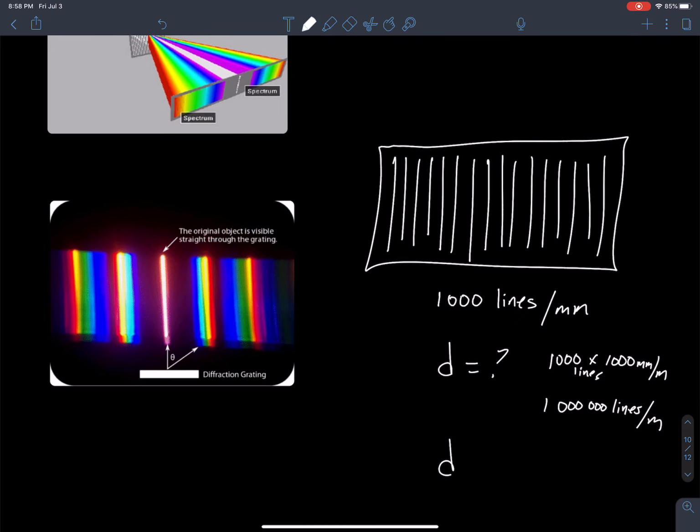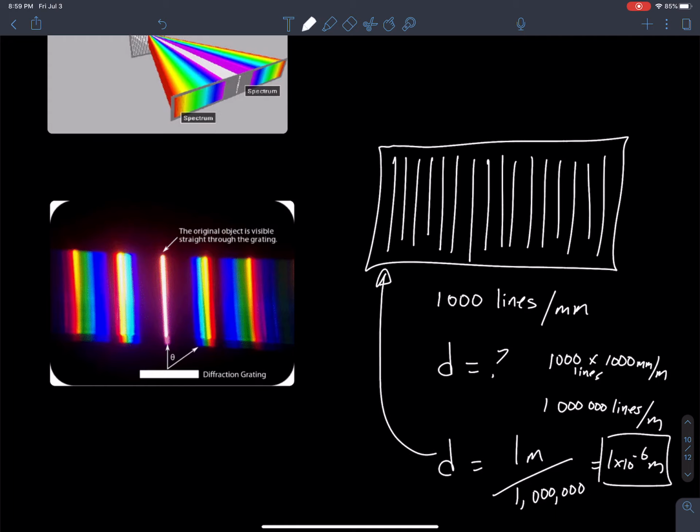So d is going to be 1 meter divided by 1,000,000, which is 1 times 10 to the minus 6 meters. So d, the thickness of a single slit in that diffraction grating, is 1 times 10 to the minus 6 meters. That's really small, and that would allow us to diffract light to a large angle.